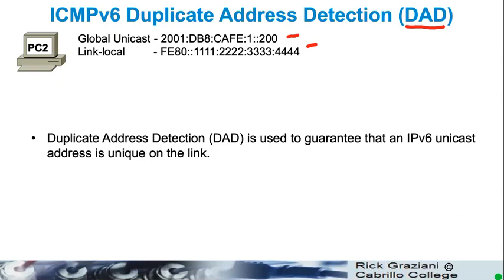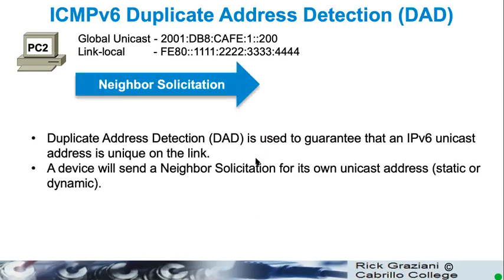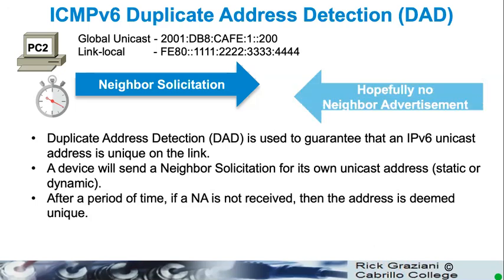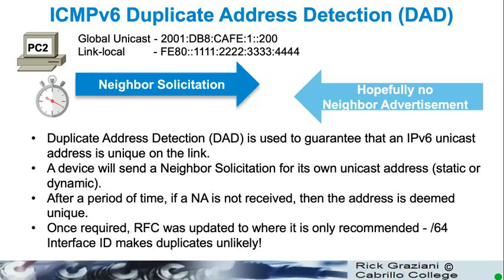They want to make sure that before they use a unicast address, nobody else is using it. So they send out a neighbor solicitation message, basically saying, hey, who on this link has this IPv6 address? Send me your MAC address. Of course, it's hoping nobody's going to respond. It waits a few milliseconds, and if nobody responds, then this address is unique. It's for me, nobody else is using it.